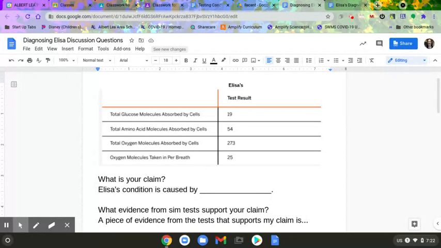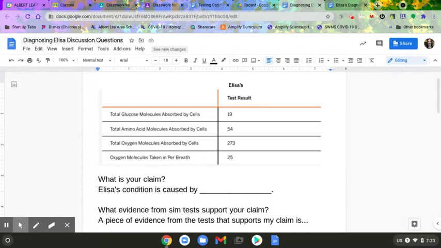If it's way out there for both glucose and oxygen, it is not your condition. If one of them is close and the other is way off, that's because Elisa's test results were a little off for my liking. But anyway, if you have a number that's close, guess what? It's yours. So I'm going to give you a moment.